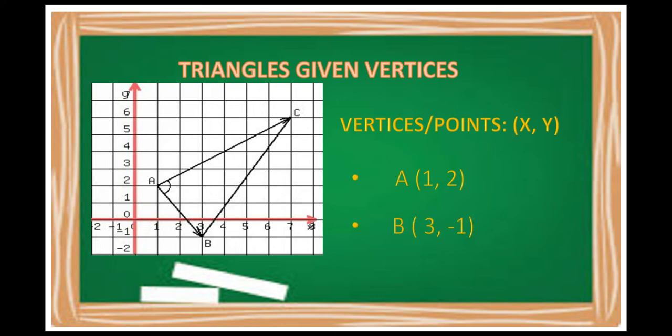The next one we have is point B. Point B we have 3 for the x-axis and -1 for the y-axis. The last one we have is point C, and point C is expressed by 7, 6: 7 from the x-axis, as we can see here, and 6 for the y-axis.